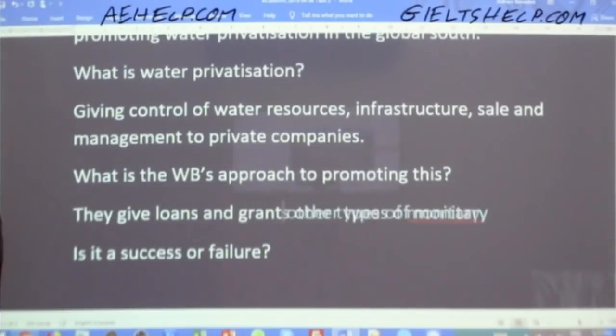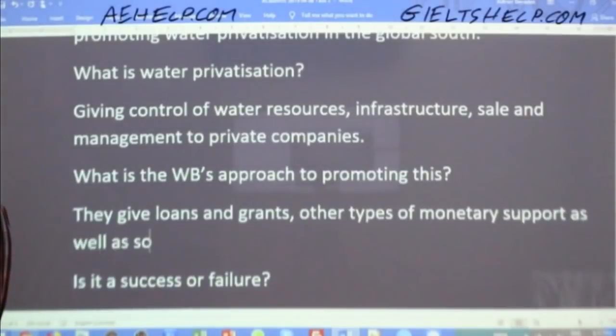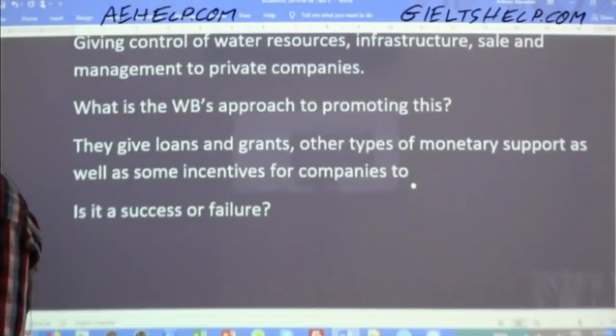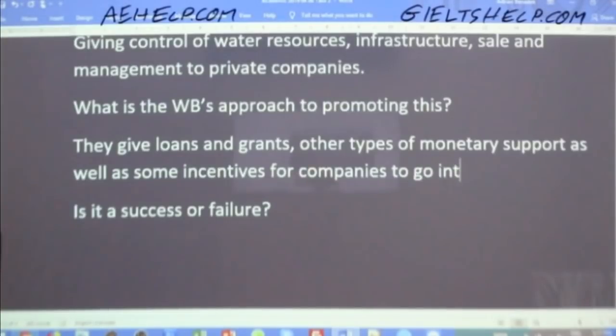People don't have to pay back. So they give loans and grants and other types of monetary support, as well as incentives for companies to go into the water business.